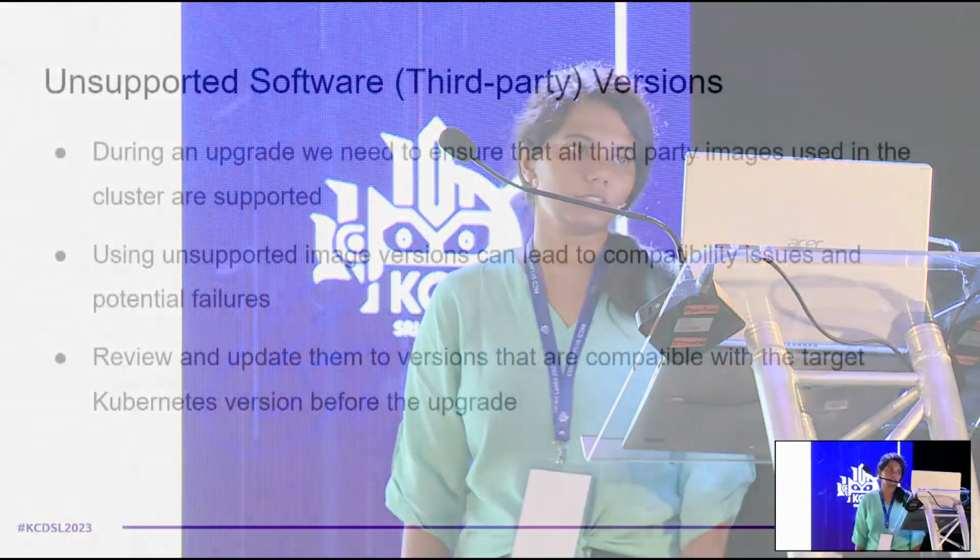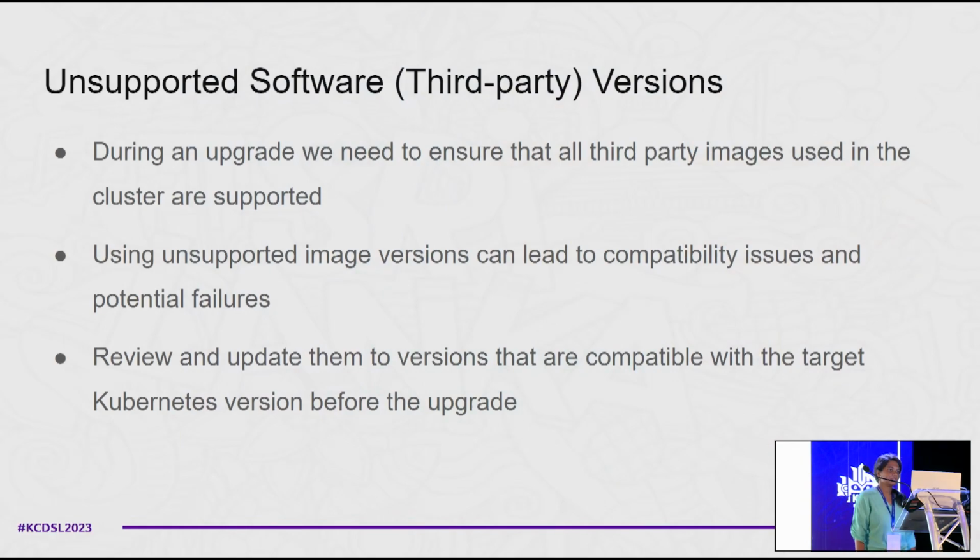The next point is unsupported third-party software versions. During a Kubernetes upgrade, it is important to ensure that all third-party applications and the images used in the cluster are supported with the Kubernetes version that you are planning to upgrade to.